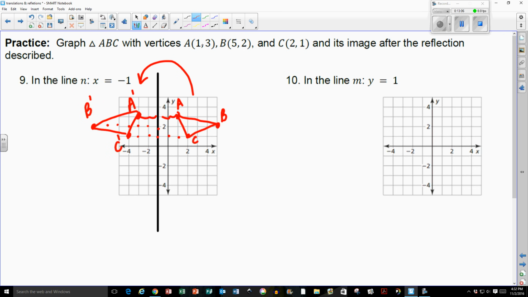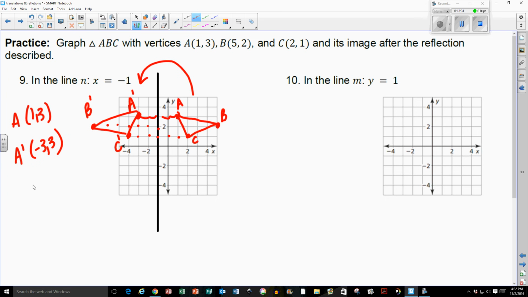So now let's see if we can find out what happened. A is at 1, 3, then A prime is at negative 3, 3. Basically, we just looked and we were 2 away, so we doubled it.